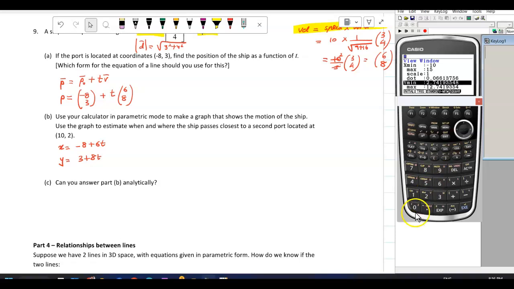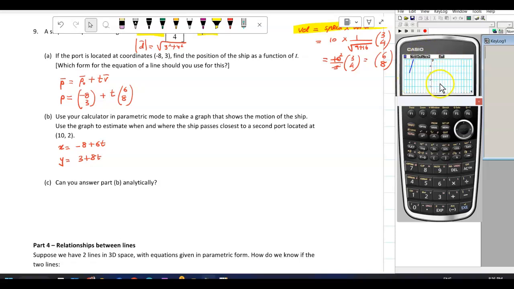So you can start with 0, and this can be around 5. So I'm just trying to get all the points and get a clearer picture. So where's your 10,2? 10,2 is here somewhere, isn't it?